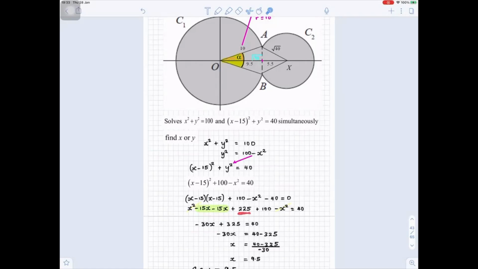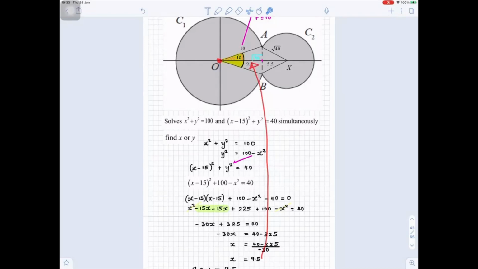And then 225 plus 100 will give us 325. So we take the 325 to the right hand side, it becomes minus 325. So it becomes 40 minus 325. It's times minus 30. You take the times minus 30 to the right, it becomes divided by minus 30. So that will give us x to be 9.5.